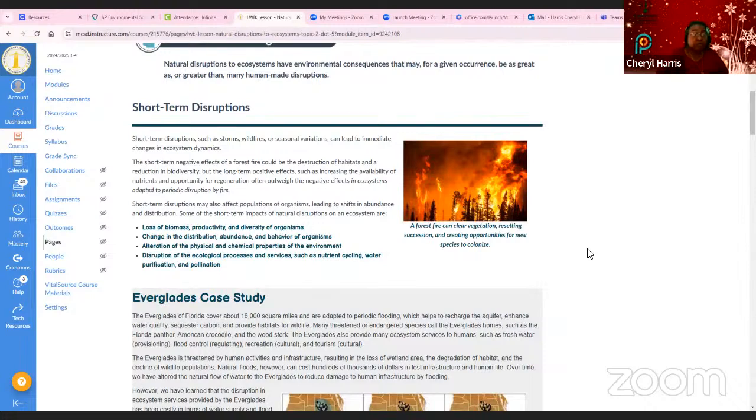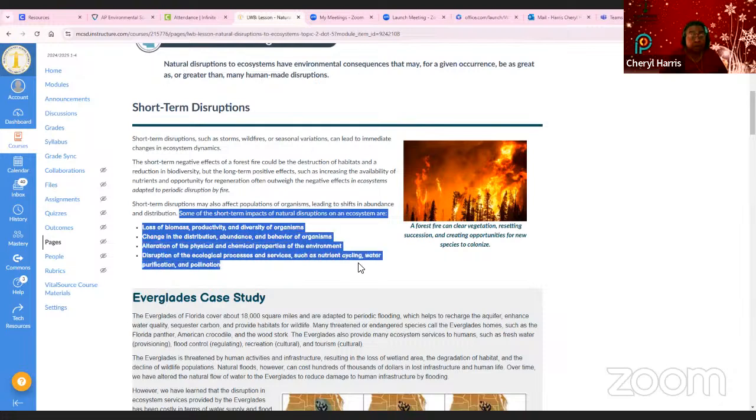But we need to look at what are the disturbances that come. So here are the things you need to focus on. You're going to get loss of biomass, that's food and animals.